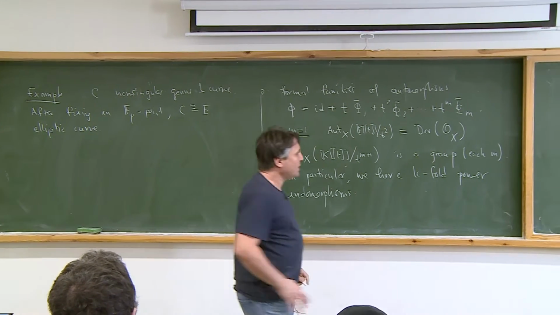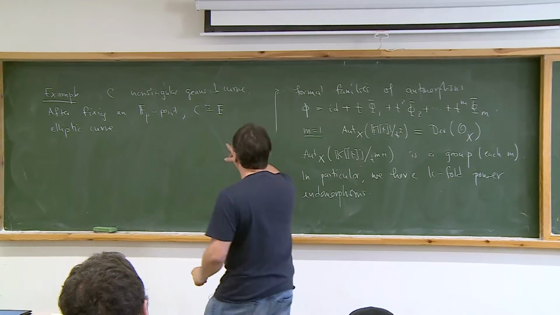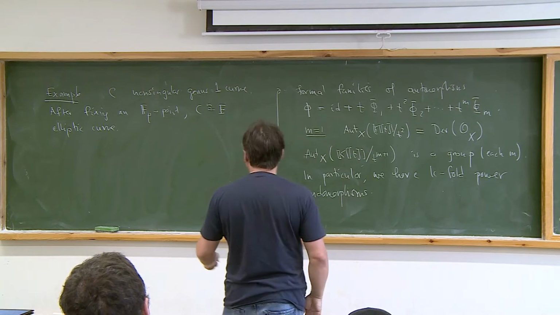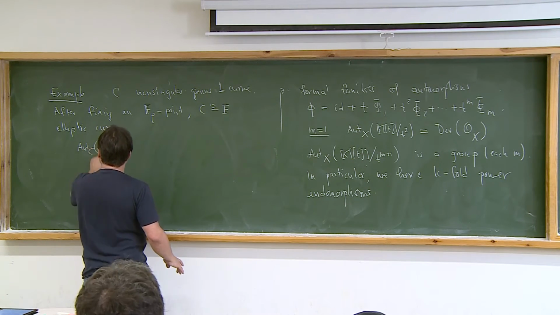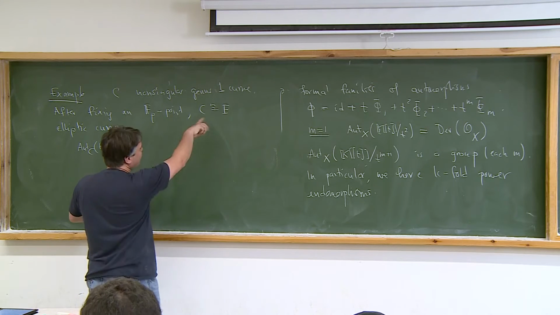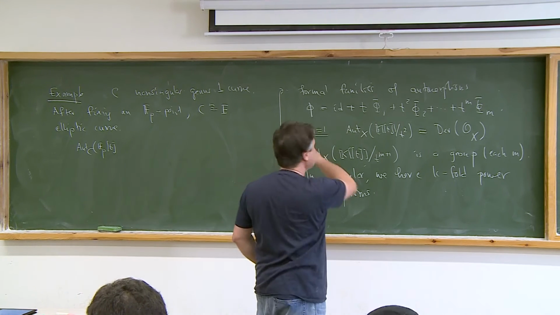Okay? And so in this case, we have the automorphism group of C. So the elliptic curve acts on the curve here by translations.